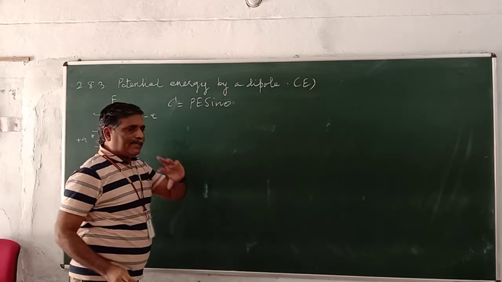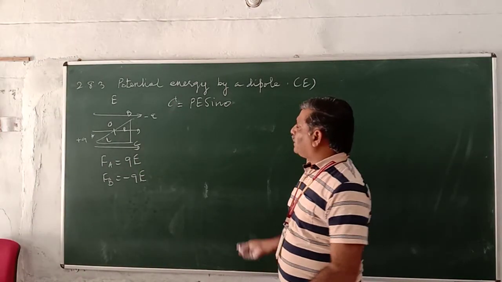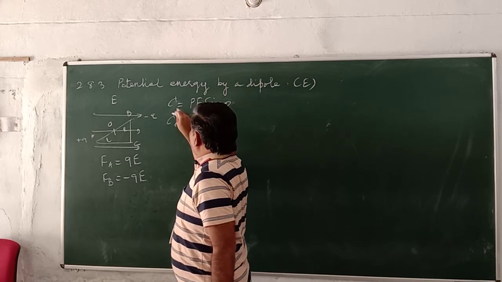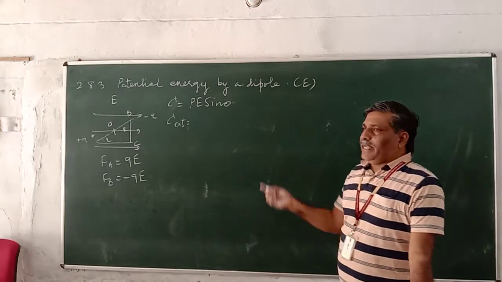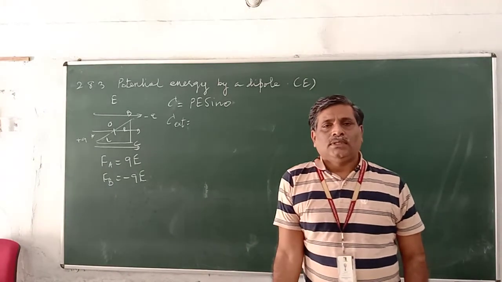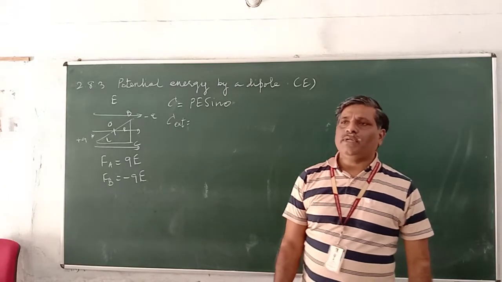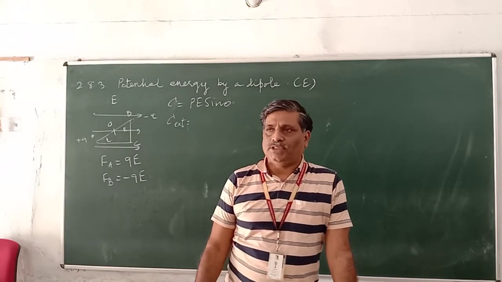So this rotates the dipole. Now we are applying external torque in such a way that both of them are equal and opposite. This external torque makes total torque on dipole zero and therefore it will turn without any acceleration.